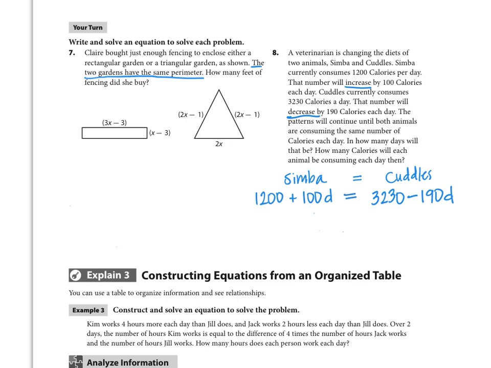So once this trend continues, Simba's consuming more and more calories in addition to that 1,200 he started with. Cuddles is going to consume less and less calories each day, starting from the 3,230. So eventually, they're going to meet and they're going to be equal. We want to figure out what that D, that number of days, is going to be.